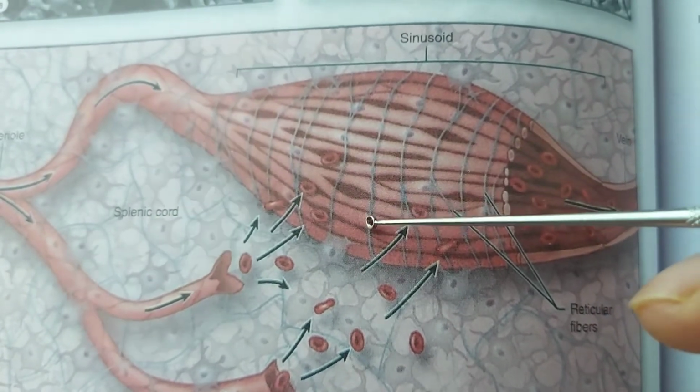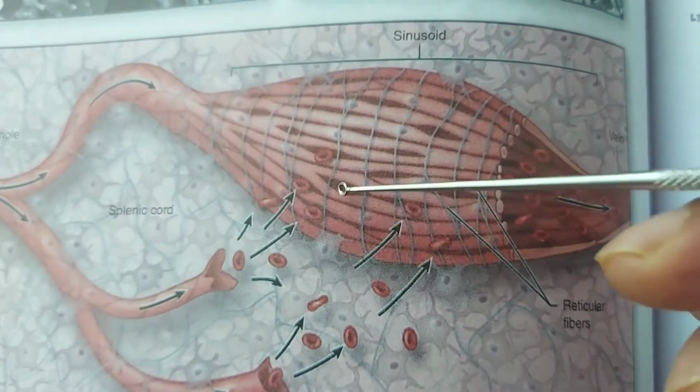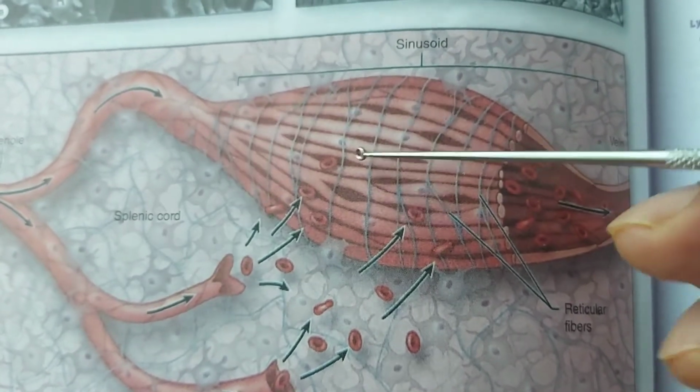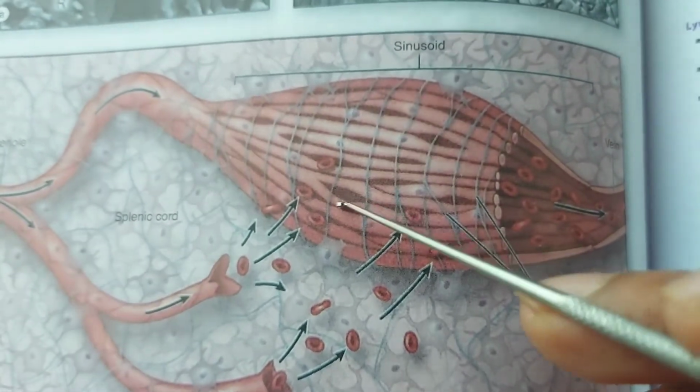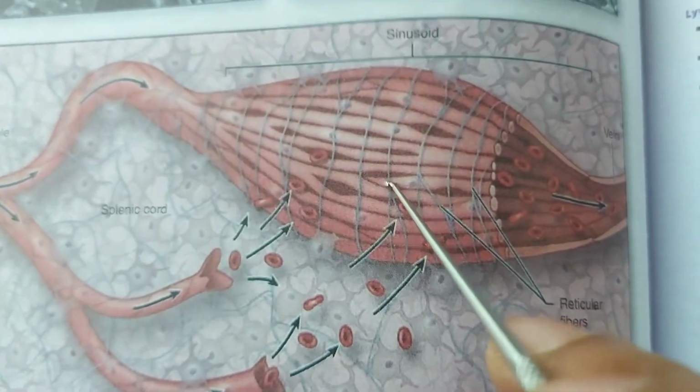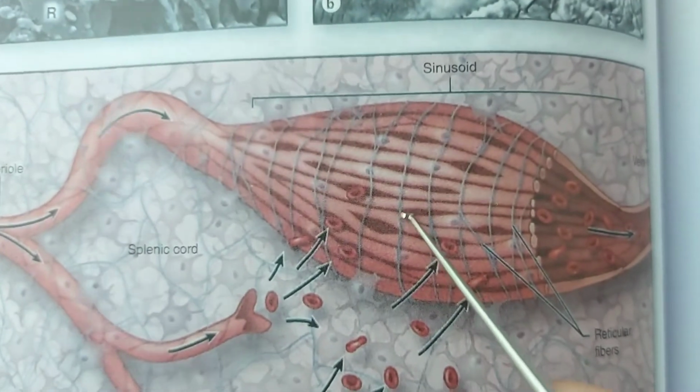These cells are known as the stave cells. The stave cells have some spaces in between the cells. Through these spaces, the red cells can enter into the sinusoids.